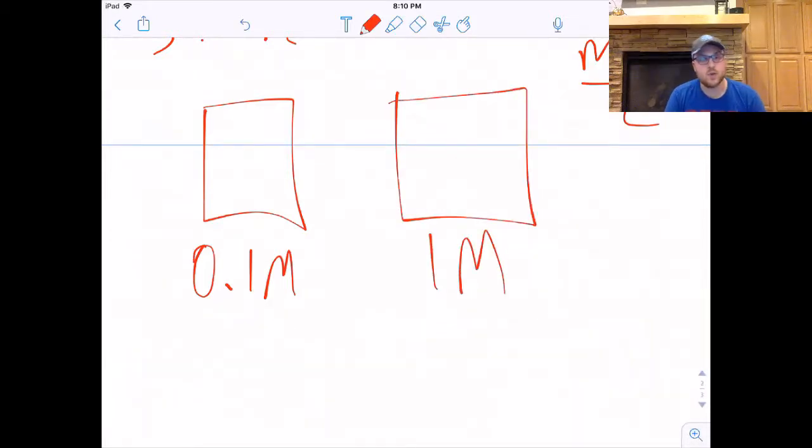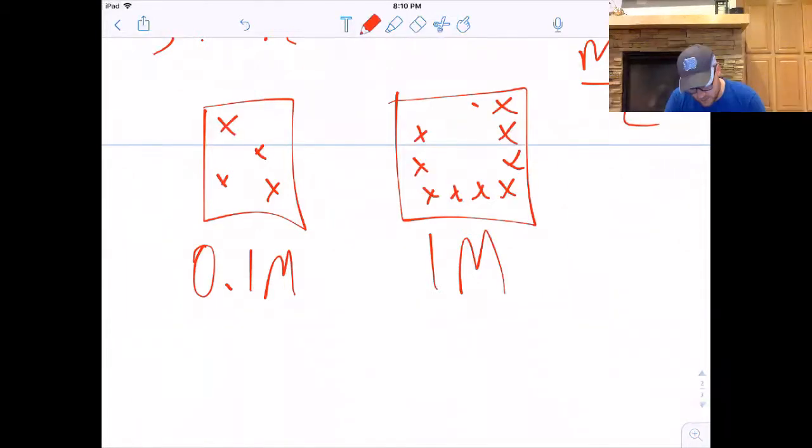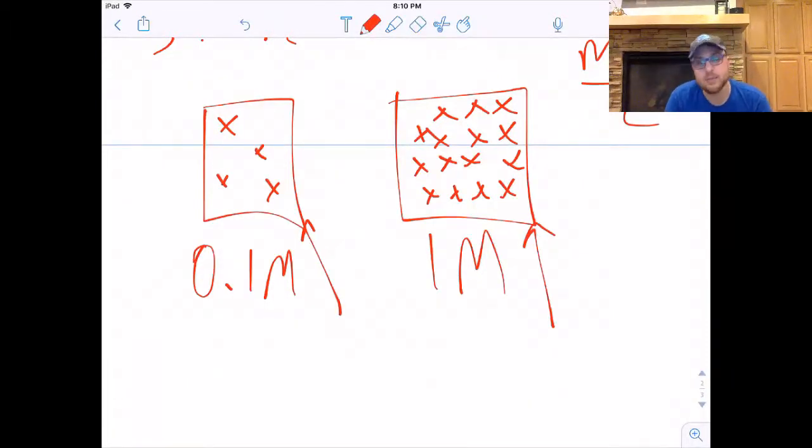So one of them has much more stuff than the other. So this one we can pretend has this many particles, versus this one has this many particles. The chances that these collide and make your products is much higher than these will collide and make products. So if you increase the concentration, you're going to get a faster reaction.